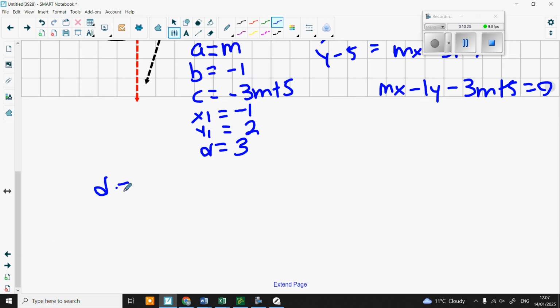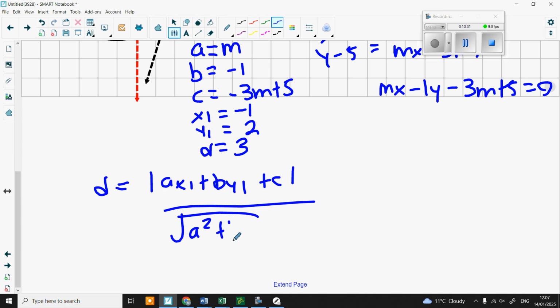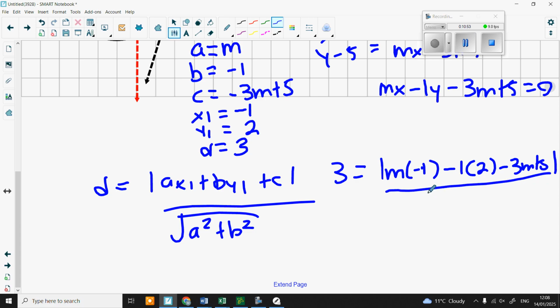We have all the information we need to do the ax1 plus by1 plus c, all over the square root of a squared plus b squared. They love this question. This question pops up a lot in the Leaving Cert. And it's going to be 3 equals m times minus 1 minus 1 times 2 minus 3m plus 5, all over the square root of m squared plus minus 1 squared.